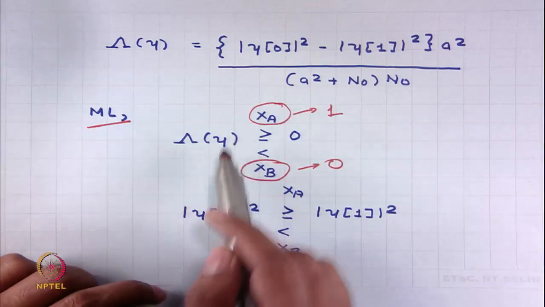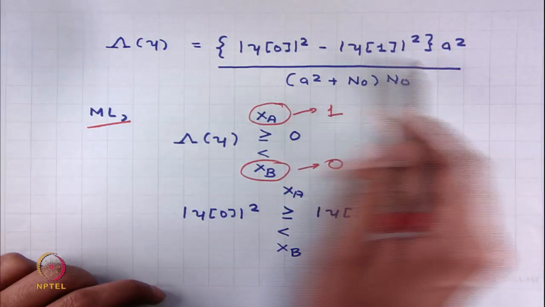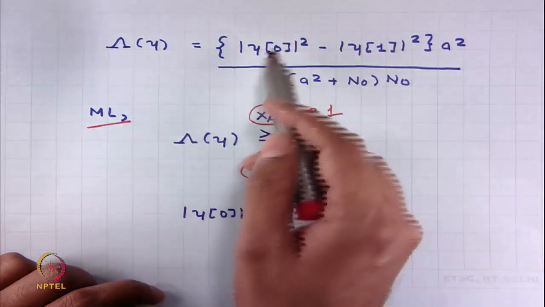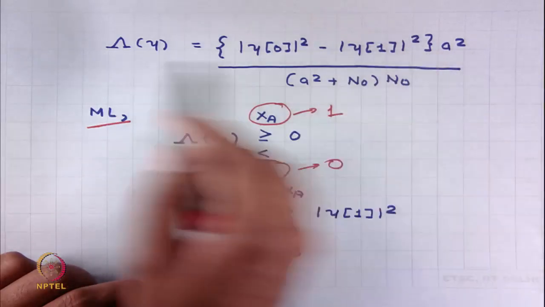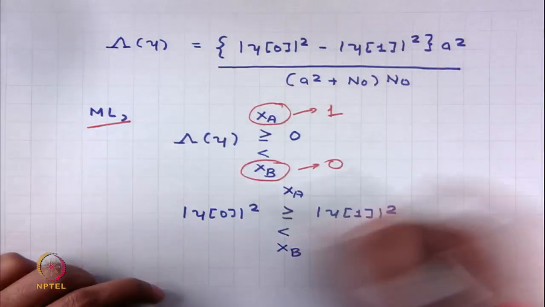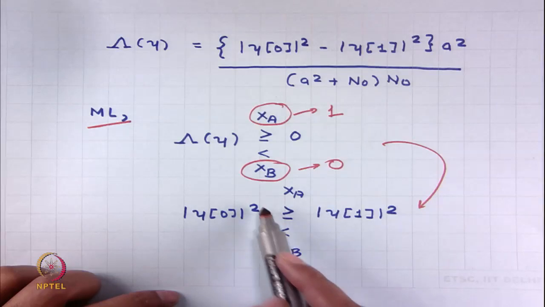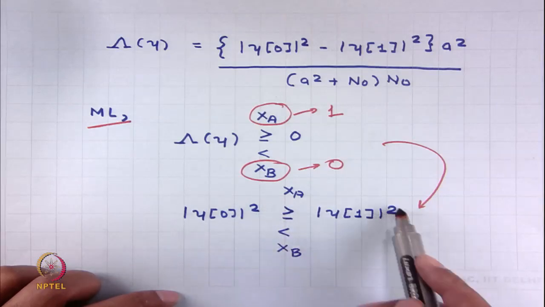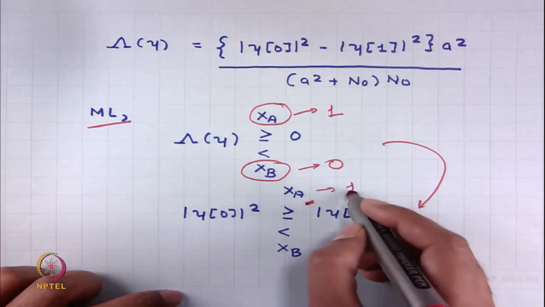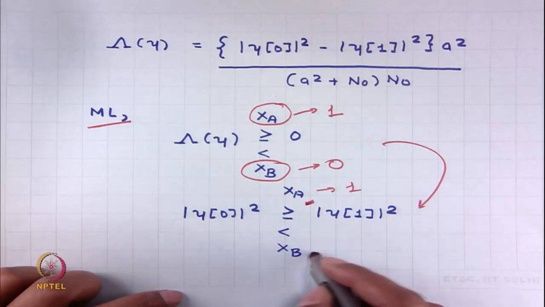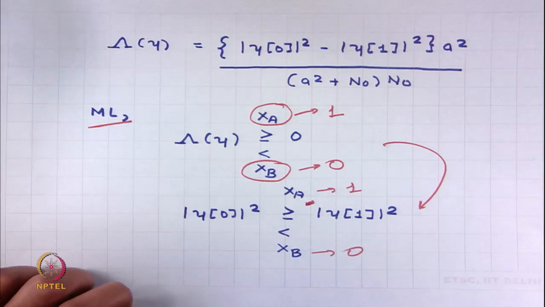So, what we have to see is when this log likelihood ratio is greater than or equal to 0, and this corresponds to the situation when mod of y 0 square is greater than mod of y 1 square. The log likelihood ratio will be a positive quantity, and hence this condition translates to this condition: if mod of y 0 square is greater than or equal to mod of y 1 square, then you consider that the symbol x a is transmitted, which corresponds to hypothesis 1 being transmitted, and if this is not the case, then you assume that symbol x b is transmitted, which corresponds to hypothesis 0 being transmitted.